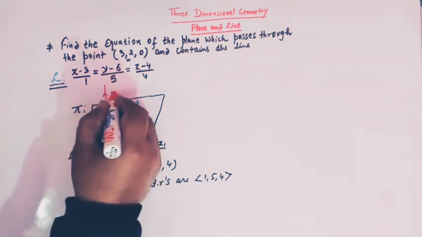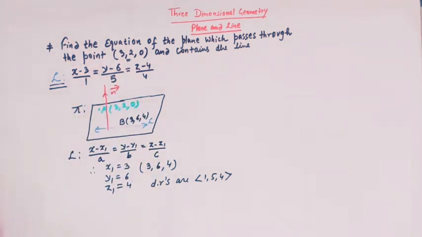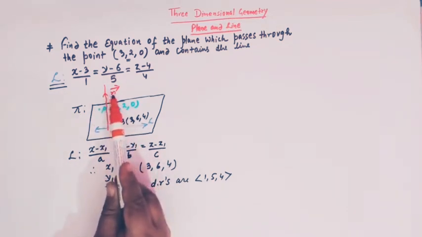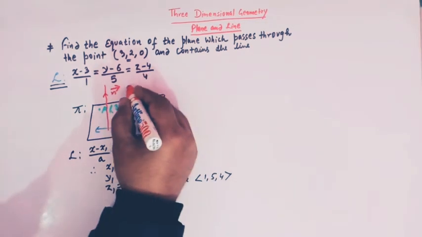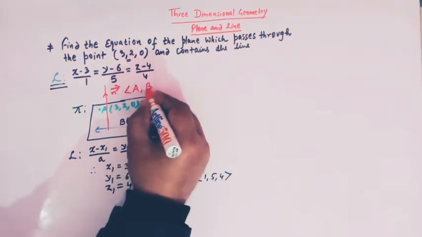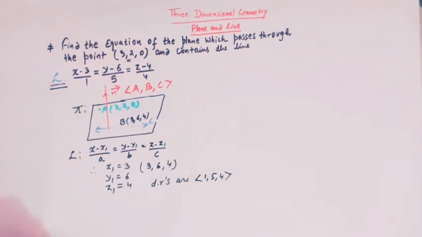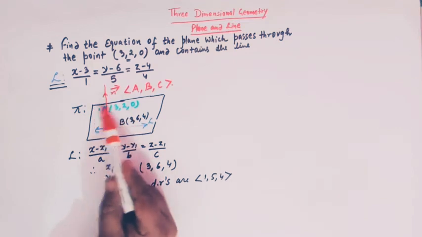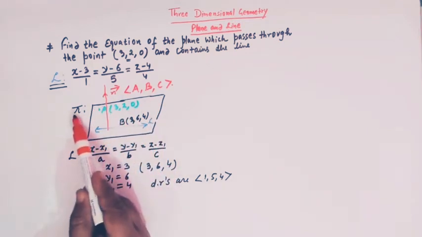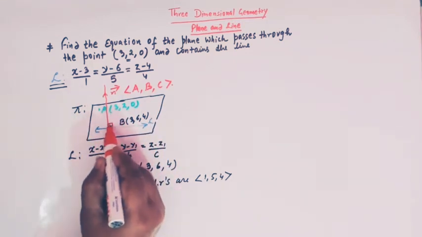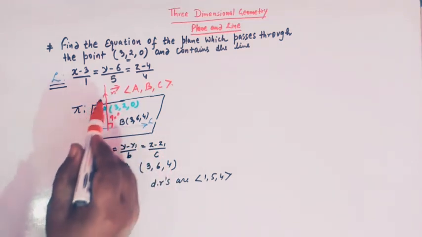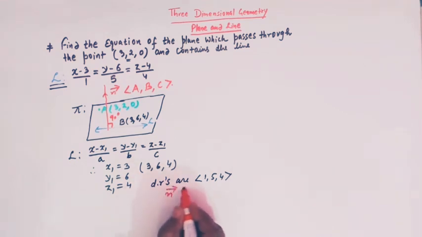Let us consider the direction ratios of the normal as capital A, B, and C. This normal vector of the plane π is perpendicular to the line L.